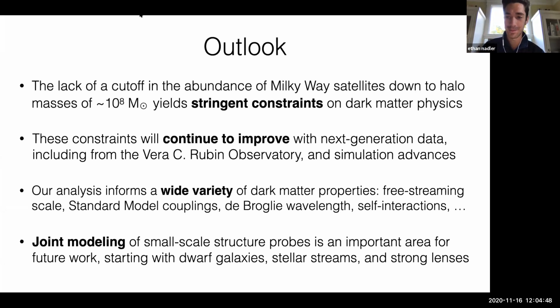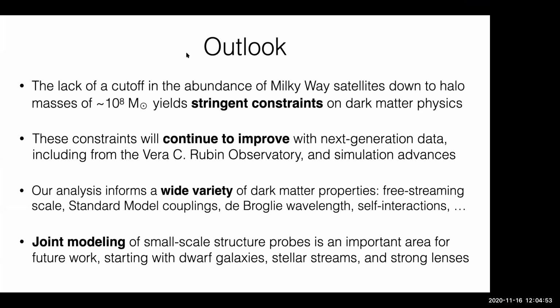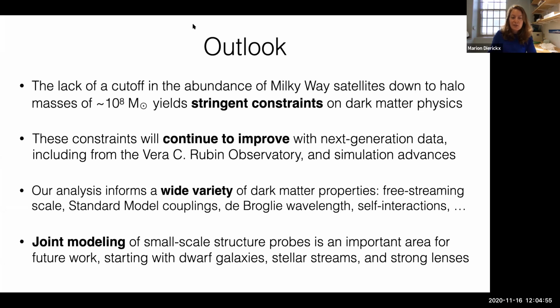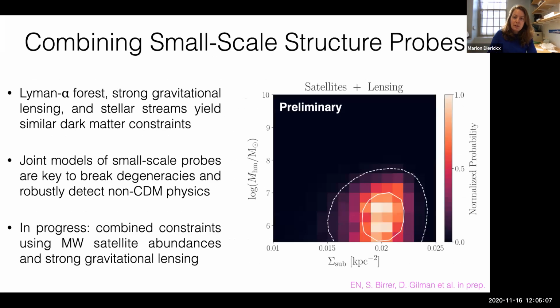All right, thank you. Okay, I'd like to ask one last question. You showed this really interesting slide on where we stand from various probes on constraining CDM. Milky Way satellites are now a competitive probe, according to what you showed us.